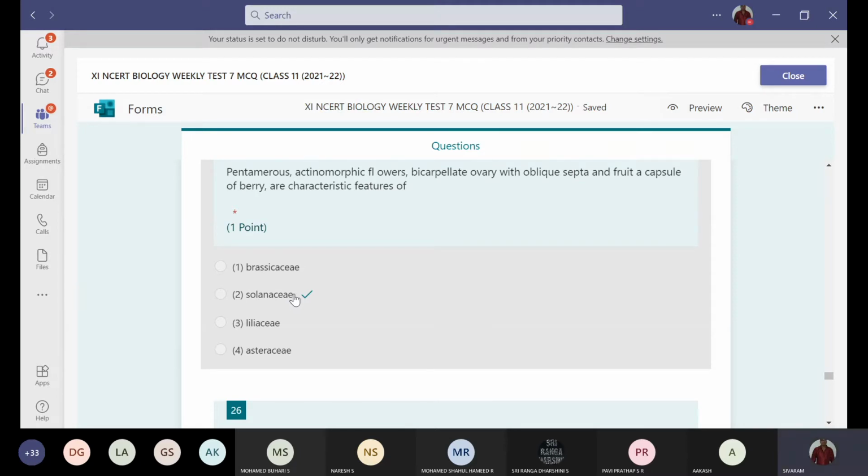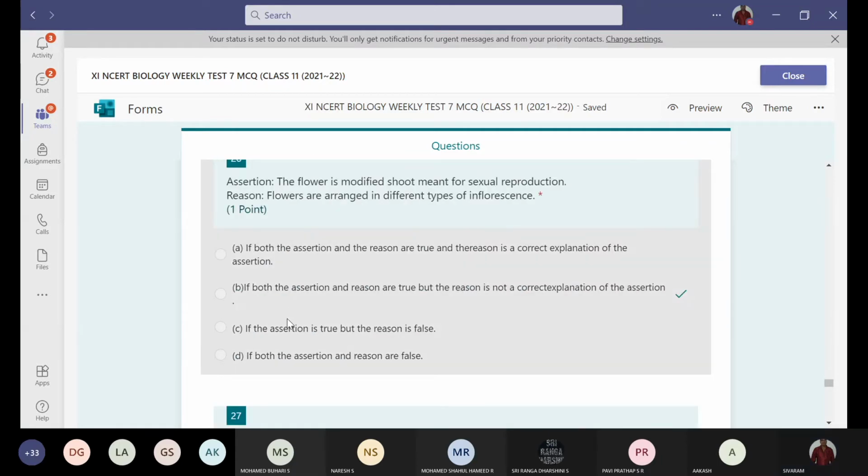We'll find 5 sepals, 5 petals, 5 stamens. The flower can be cut into 2 equal halves and we'll find 2 carpels which are fused, and the septum is oblique. It is not exactly straight, it will be in an oblique position. And the type of the fruit we call either capsule or berry. These are all the characteristic features of Solanaceae.